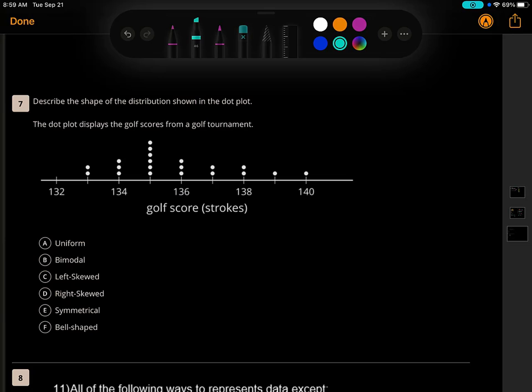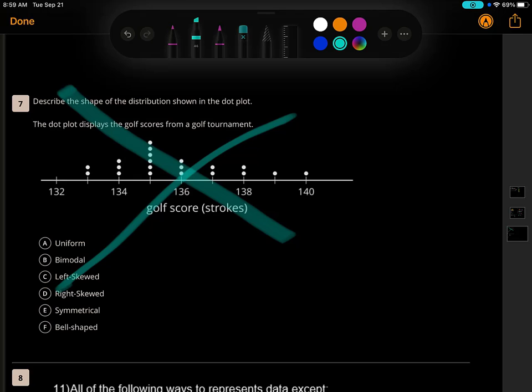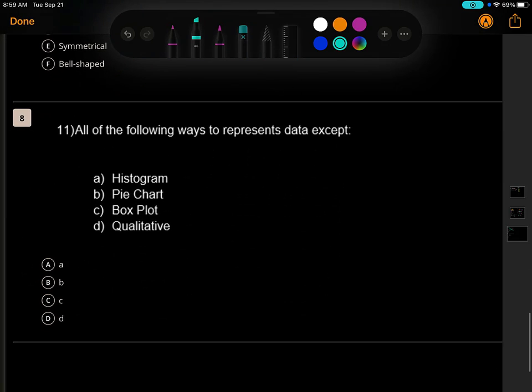I think I crossed this problem off, so I'm just going to cross it off. Don't do that one. And number 8 on here, but it'll be 7 on yours. Let's just write that.